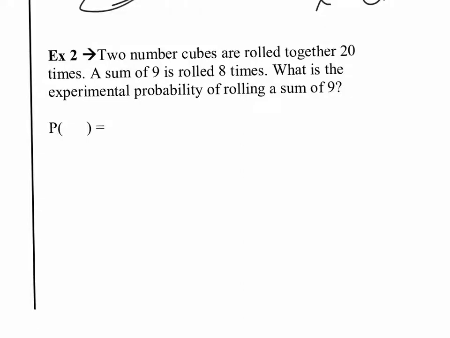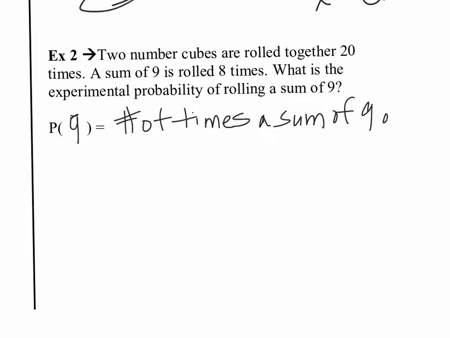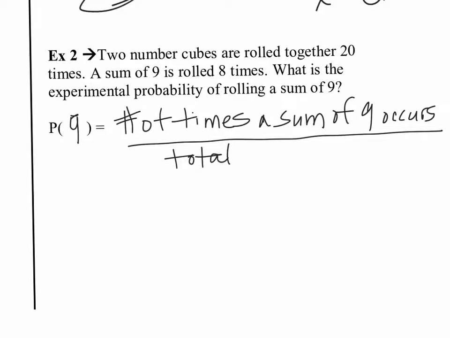The probability of rolling a 9 is equal to the number of times a sum of 9 occurs over the total number of rolls.